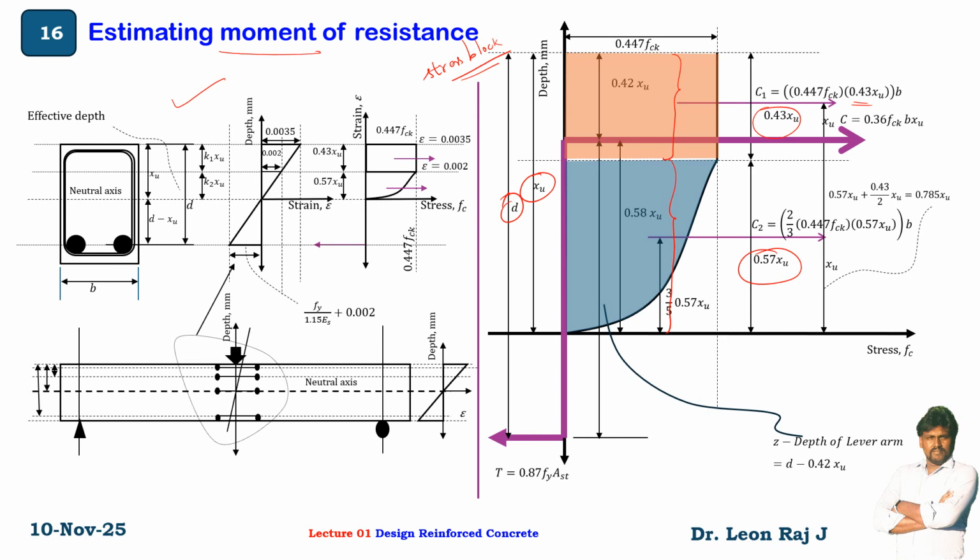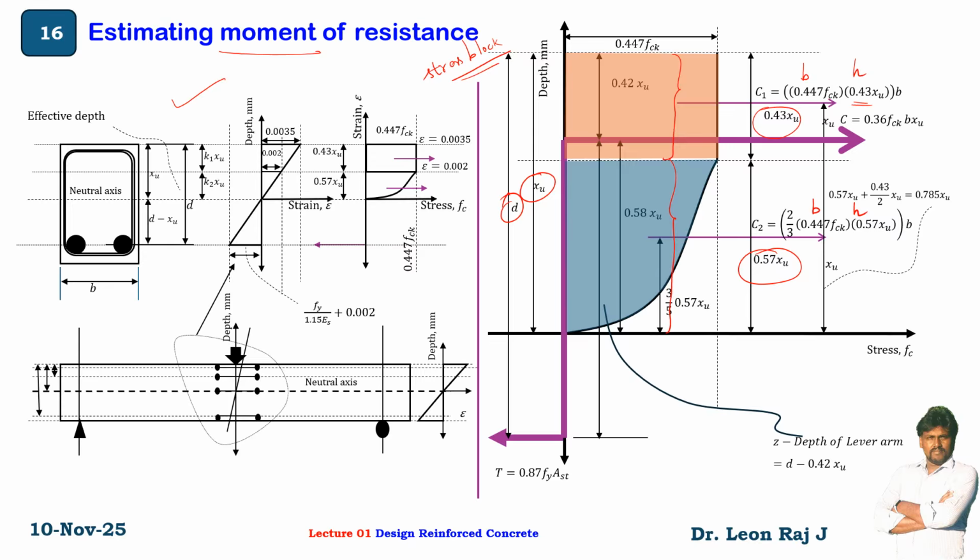The force acting in the rectangular section is C1 and the force acting in the parabolic section is C2. Two by three times base times height is the area of the parabolic section. The base times the height is the rectangular section force.